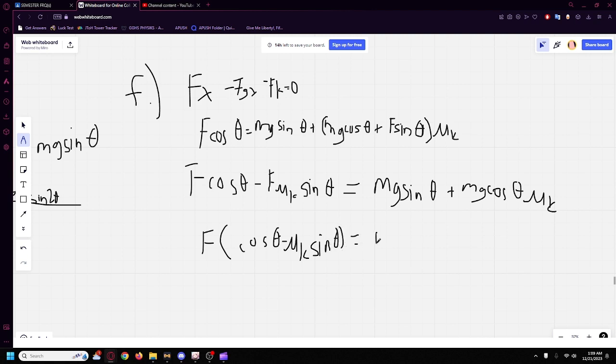That is equal to mg sine theta plus mg mu_k cosine theta.